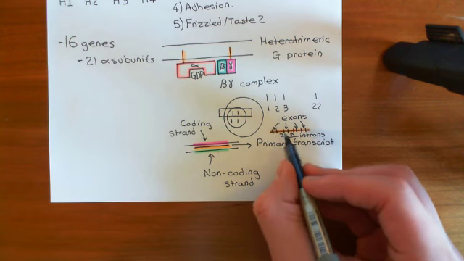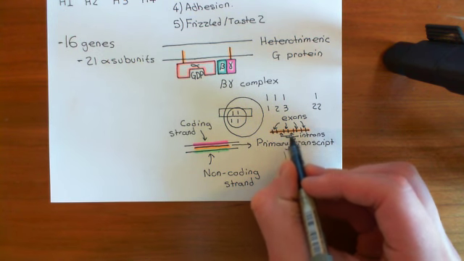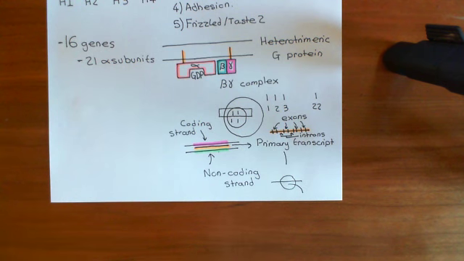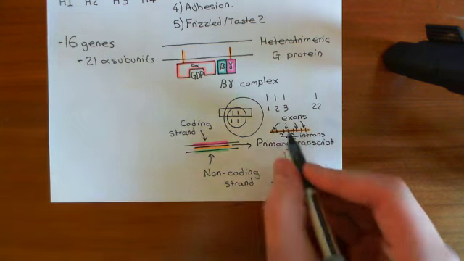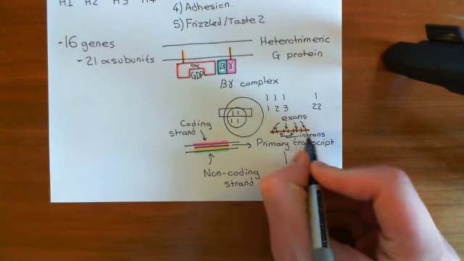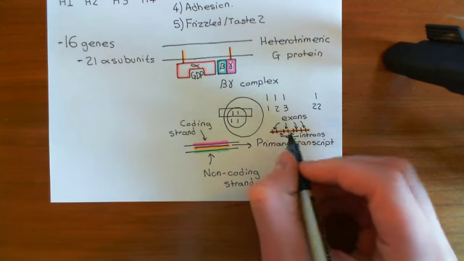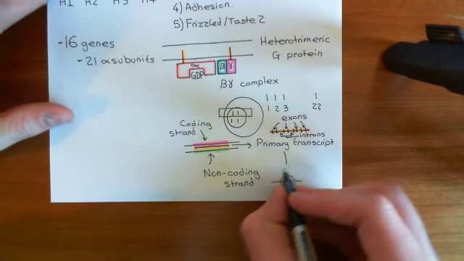Now, basically, what's going to happen is before the primary transcript actually goes through a ribosome, you're going to cut out the introns. So you're going to cut the RNA up, and then you're going to stick the exons back together, and this process is known as splicing.